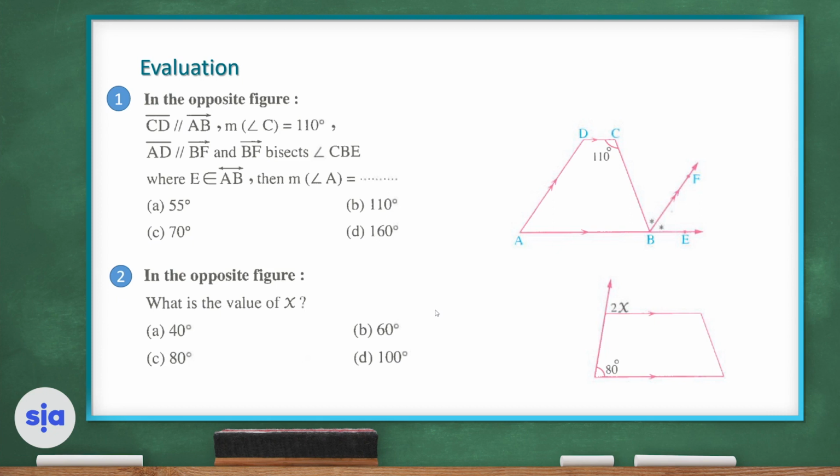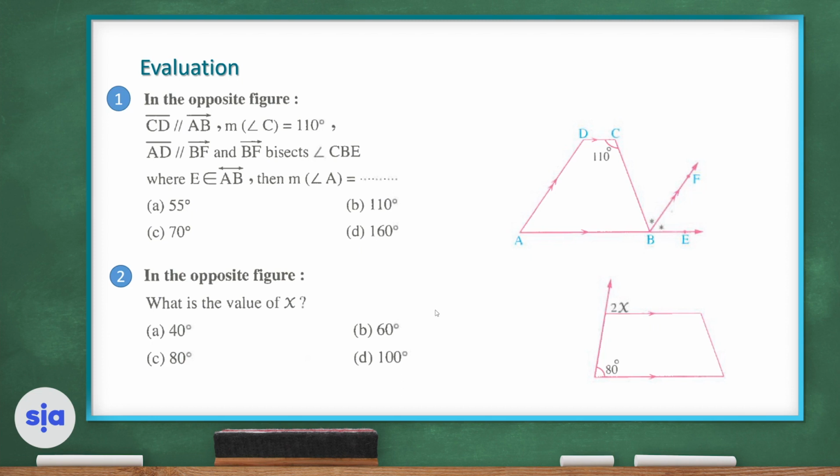Let's now go to the evaluation part. Question 1. In the opposite figure, CD is parallel to AB, where the measure of angle C is 110, and AD is parallel to BF, where BF ray bisects angle CBE, where E belongs to AB. How can we find the measure of angle A?